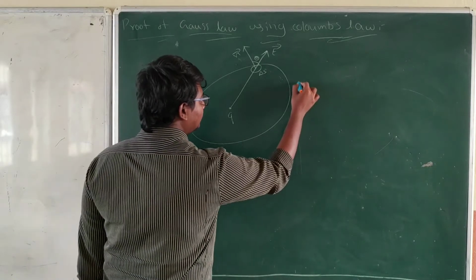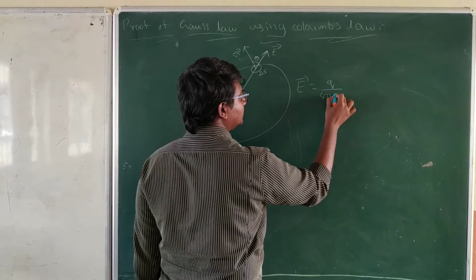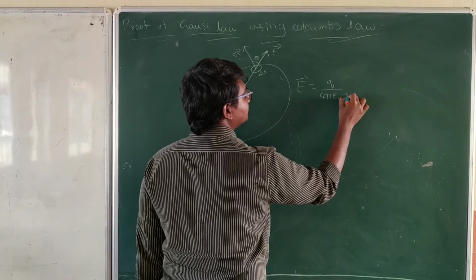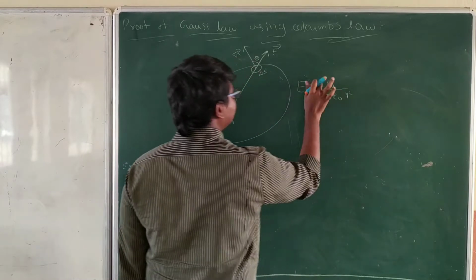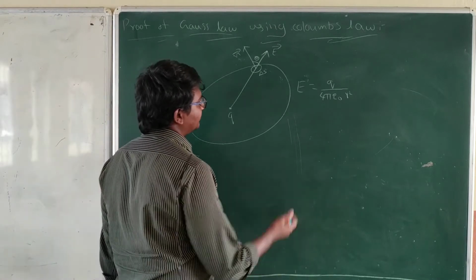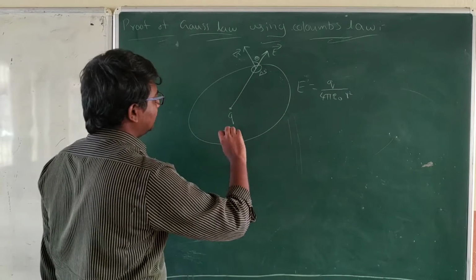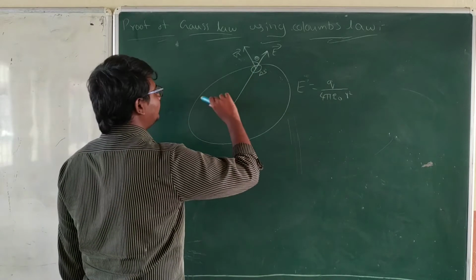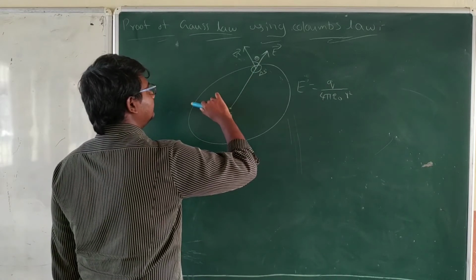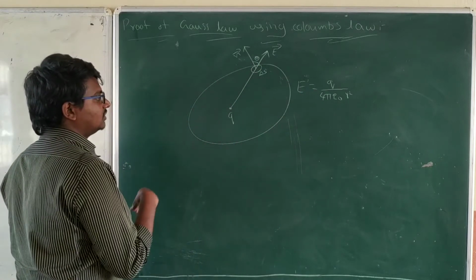We know already from Coulomb's law, electric field magnitude E is equal to Q by 4 pi epsilon naught R square. Right now, the main important thing is that we need to derive from this Q by epsilon naught.